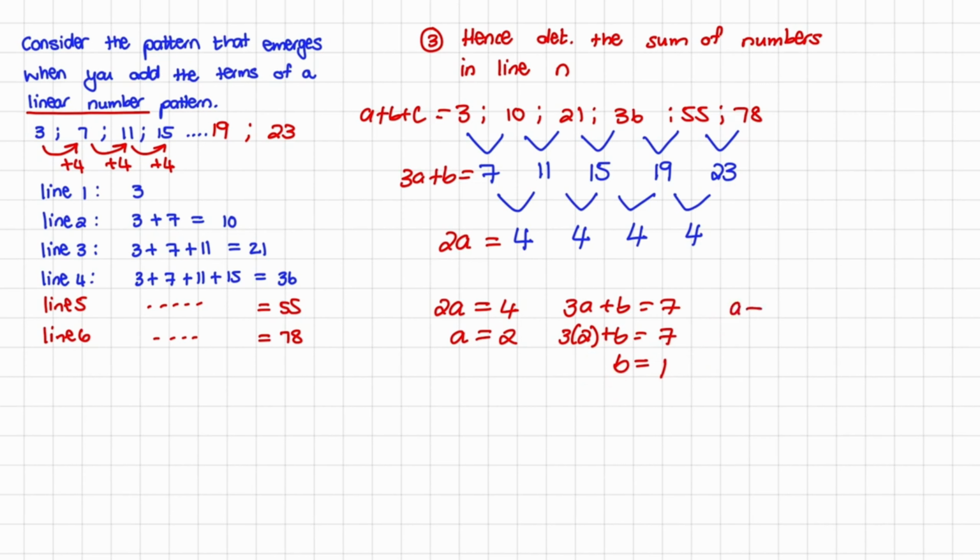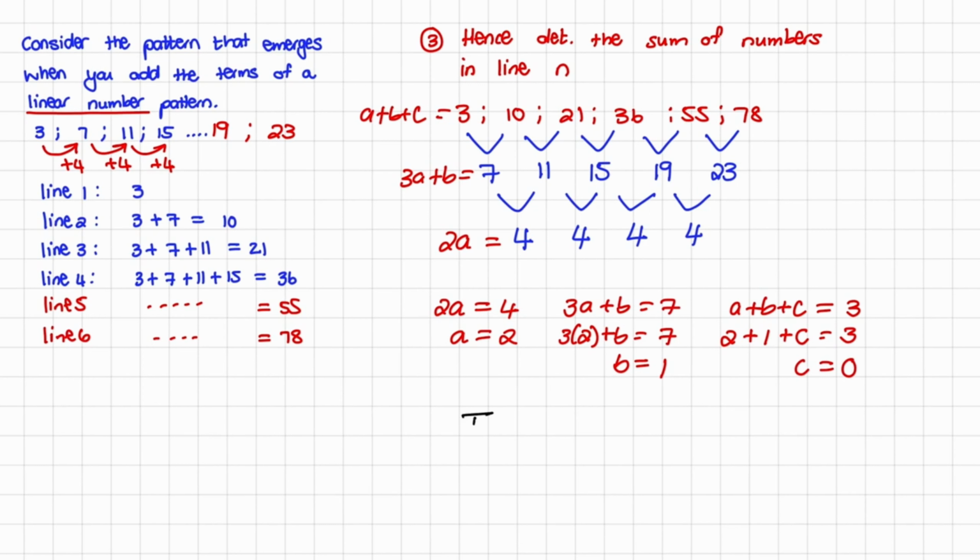And then a plus b plus c is equal to 3. But the a value is equal to 2, the b value is equal to 1, and we don't know the c value yet. So 2 plus 1 is equal to 3, and I move that 3 to the right hand side. Therefore c is equal to 3 minus 3, which is 0.